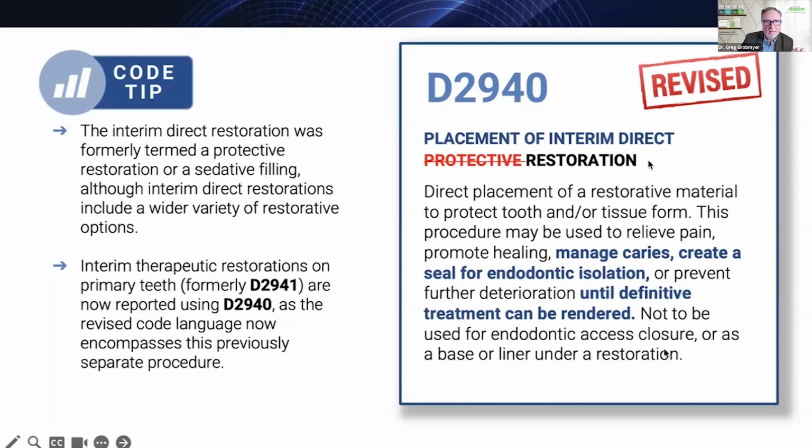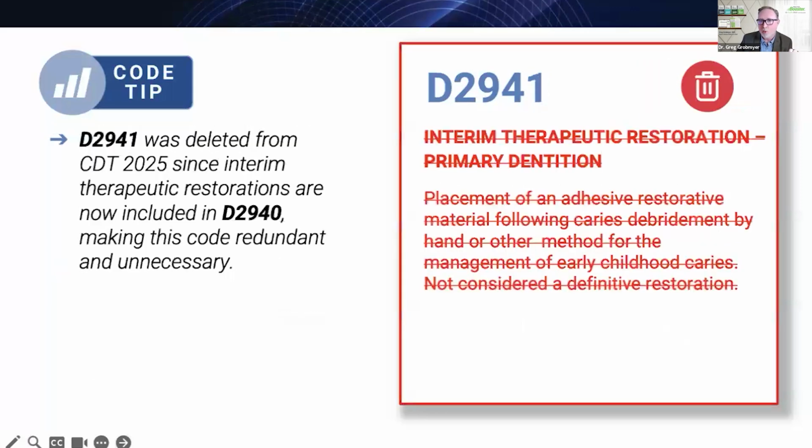Now, when they created this code and did this revision, it absorbed another code, and that's the D2941. D2941 was deleted, and this particular procedure was added into D2940. Originally, it was an interim therapeutic restoration on primary teeth.